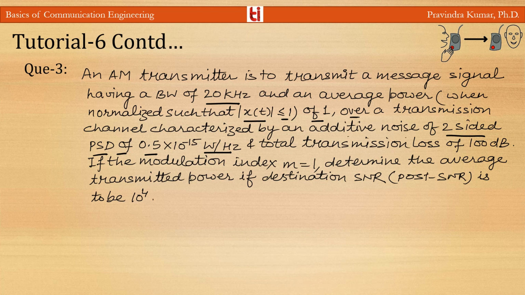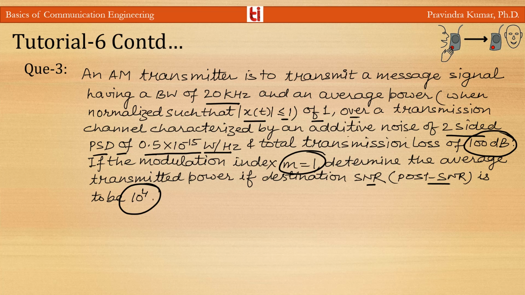So here the noise power spectral density is 0.5 into 10 to the power minus 15, and the total transmission loss is 100 dB. If the modulation index m is equal to 1, determine the average transmitted power if the destination SNR, or post SNR, is to be 10 to the power 4.